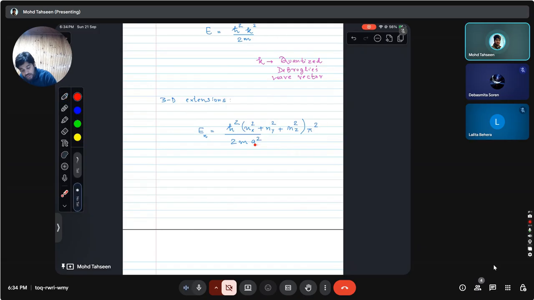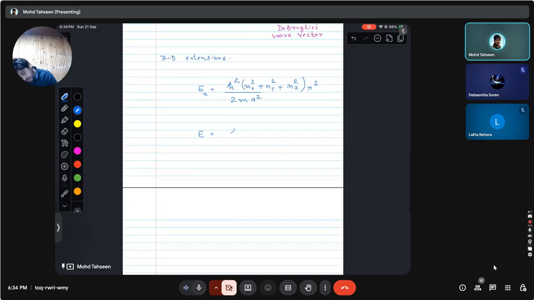Okay, this confinement a is the same in all directions. For simplicity, let's assume that for now. And similarly, we can modify the other expression in terms of the wave vector. It will be h cross square by 2m times kx square plus ky square plus kz square.